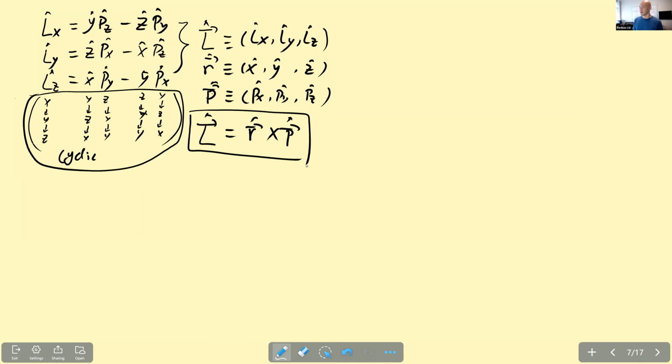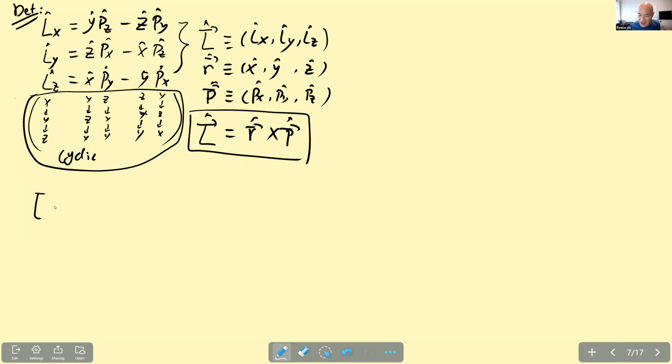Okay. Right. So that's the definition. And this kind of definition has very interesting things. First of all, let's see the commutators, the dimensions of this one.